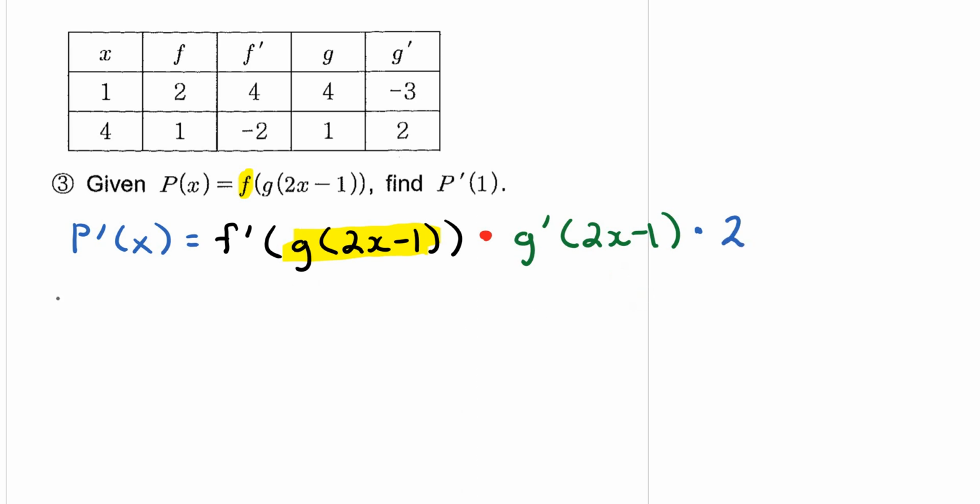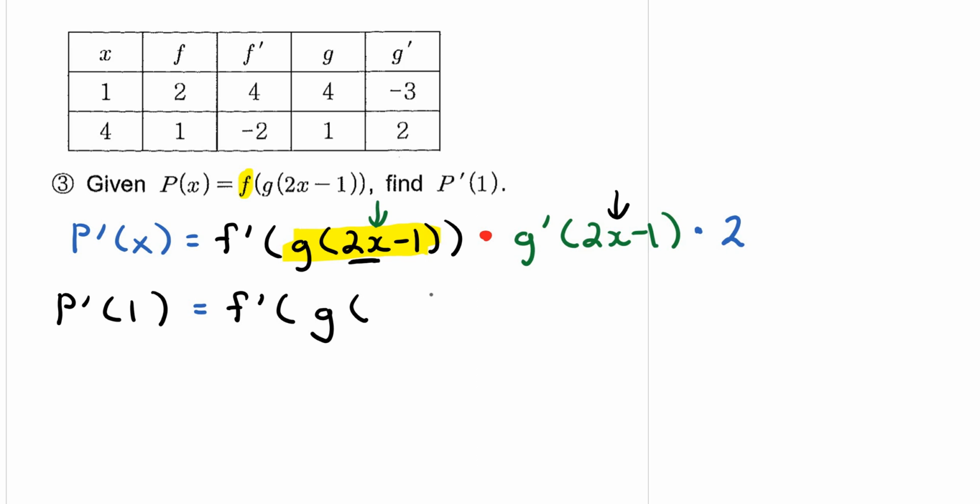And now we need to find p prime of 1. What that basically means is all the x's will be replaced with the 1. There's an x here and an x there, so let's see if we can deal with that. This will be f prime of bracket g of 2 times 1.